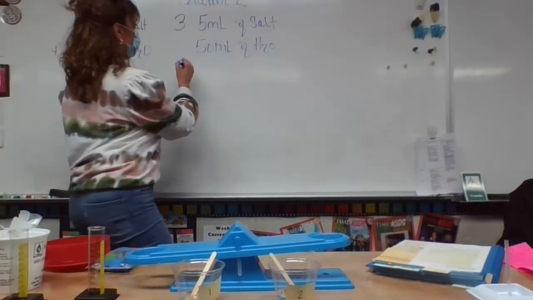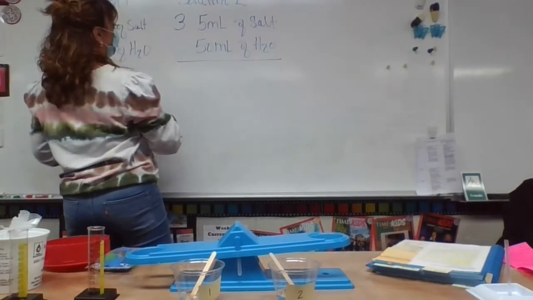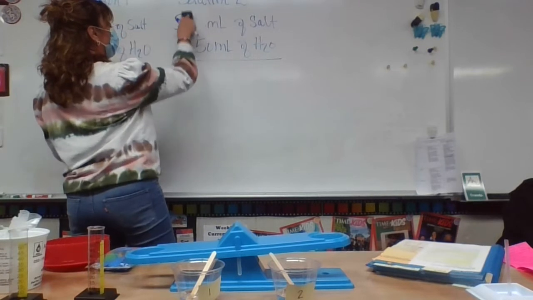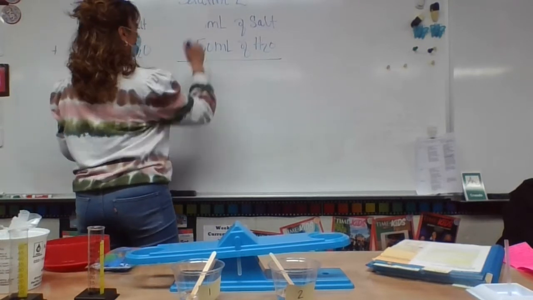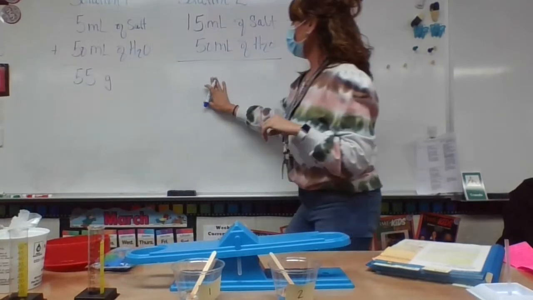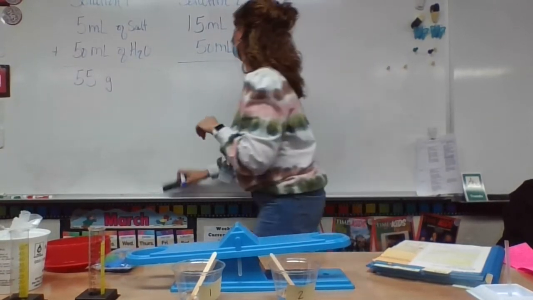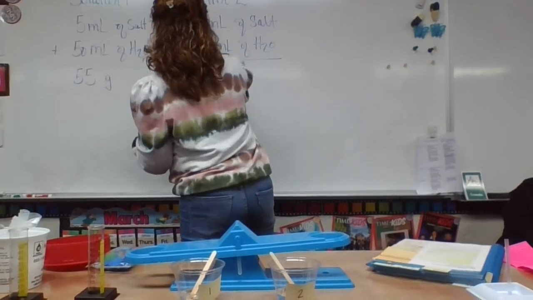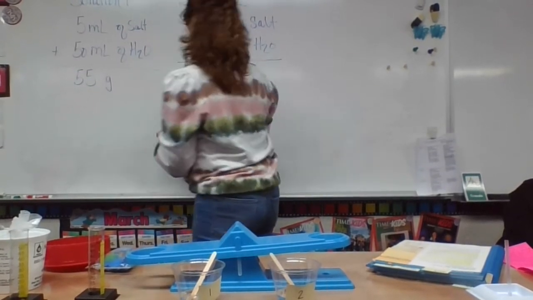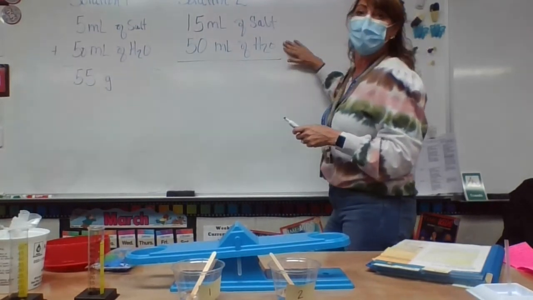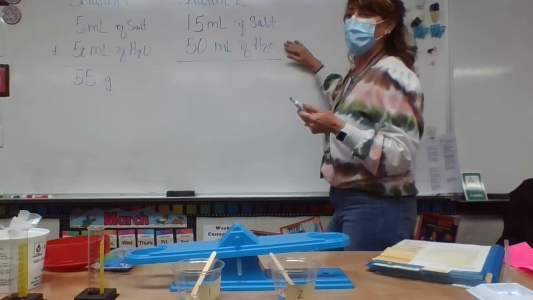Okay, so over here, what should we change 5 milliliters of salt to? 15. Let's change it to 15. So how much will 15 milliliters of salt plus 50 milliliters of water weigh, Vic? 65?